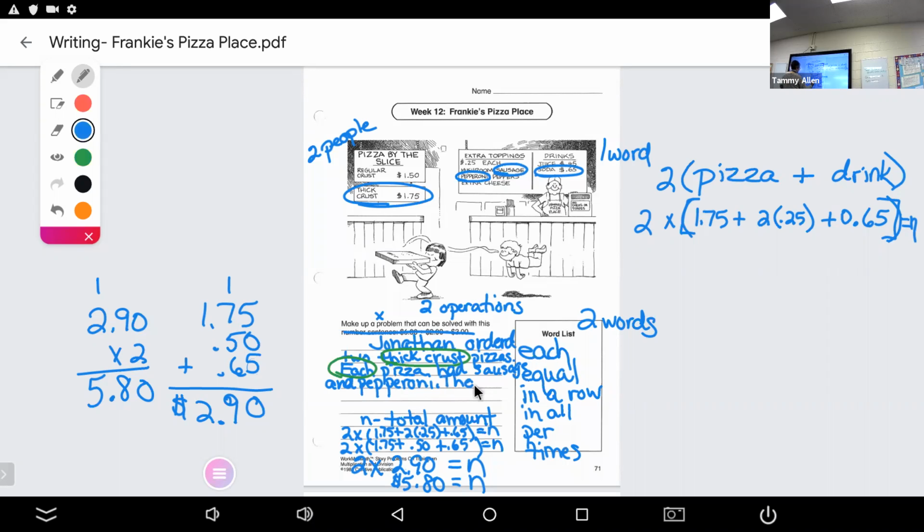They also each ordered a drink, right? And actually, we just say a soda, don't we? There's two different prices. Are we ready for the question yet? What can our question be? How much money did they spend?